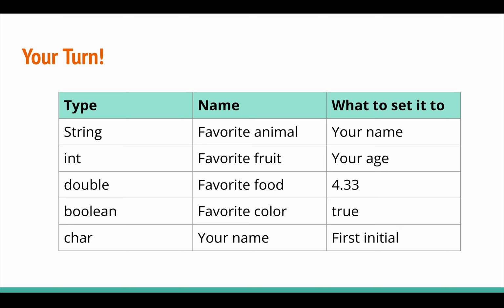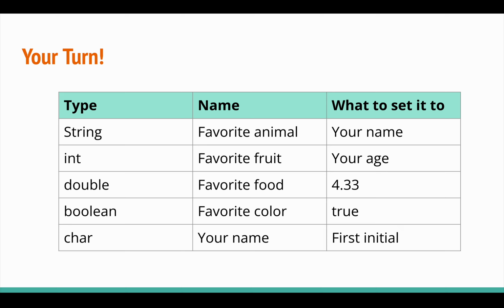Next, you want to create an integer variable with the name as your favorite fruit, and you want to assign it to your age. Next, after that, you want to create a double variable where the variable name is your favorite food, and you want to set that to 4.33.